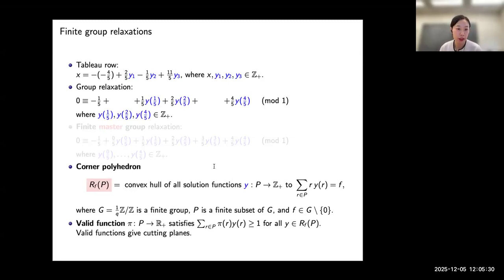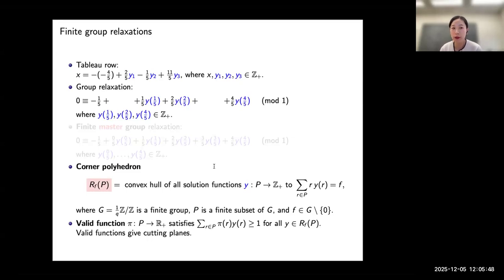The corner polyhedron is the convex hull of solutions y such that the group equation, the sum of r times y_r over all r in the finite group P, is equal to the right-hand side constant f.